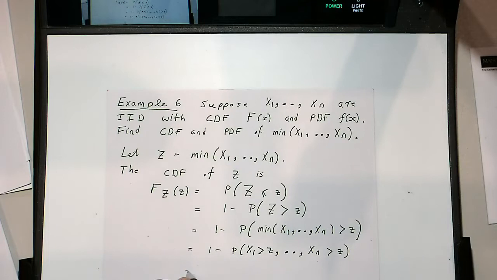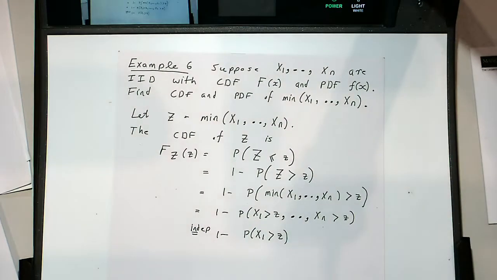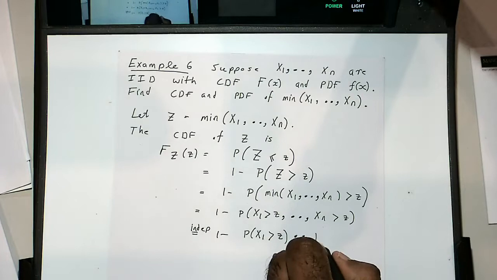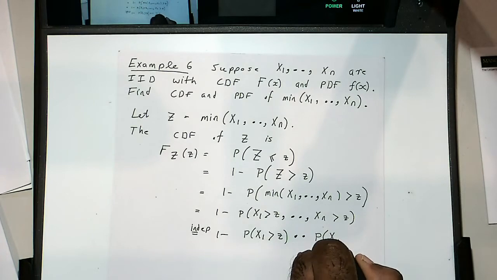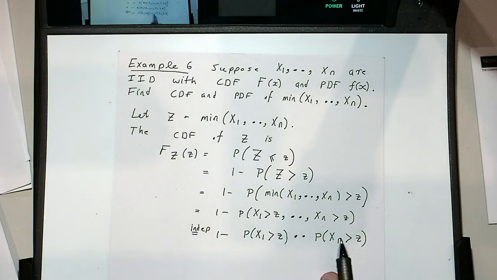In the next step, using independence, you can write this as the product of the probabilities.